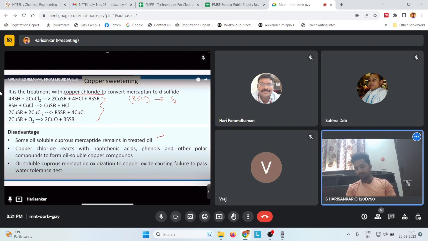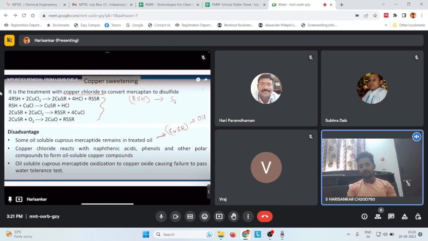So this is basically CuSR. This can get trapped with oil. That means some amount of sulfur is still remaining in the oil, and that is one of the biggest disadvantages of this copper sweetening process.